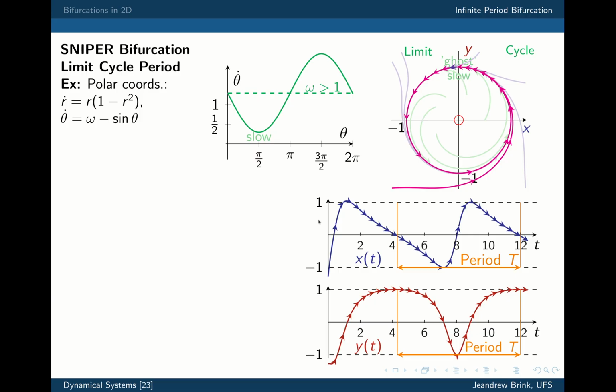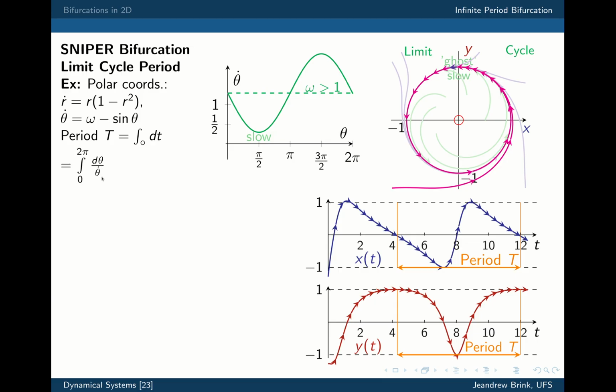We want to estimate that period T, and this is where the analytics come into it a little bit. The period is simply the integral of each little time step around the circle, so we at least have an expression for what we want to compute. We know that dt, if we change variables to theta, is the integral of d theta over d theta dt, which is equivalent to the integral of all the little time steps.